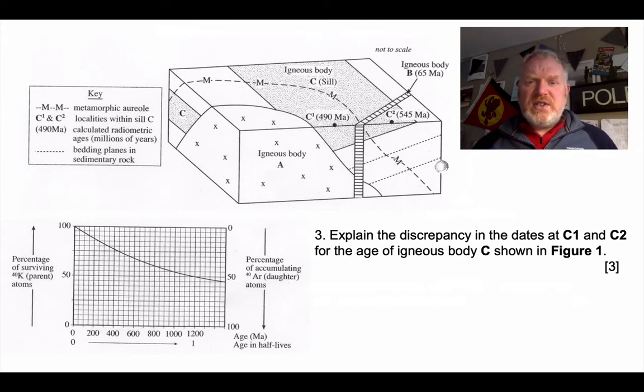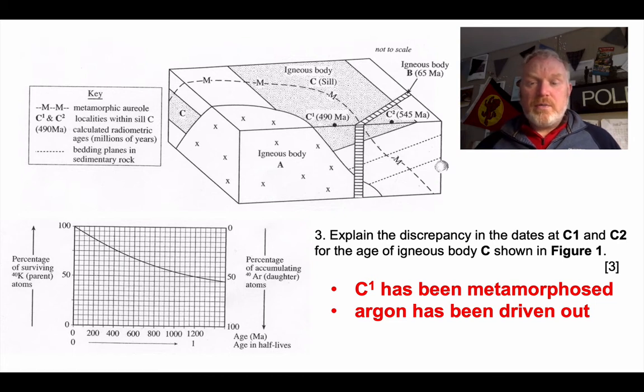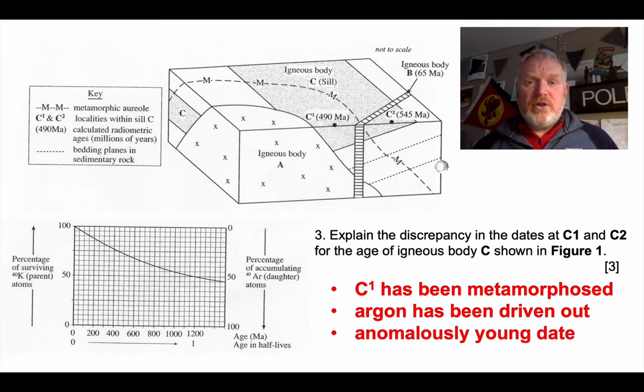Question 3 then asks you to explain, mustn't mix those, explain the discrepancy in the dates C1 and C2. C1 we can see is clearly within the metamorphic aureole, so it's been metamorphosed. So during metamorphism, perhaps the argon was driven out of the rock, which is going to give us an anomalously young date.